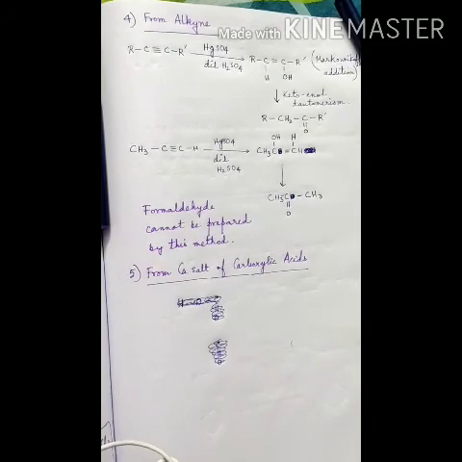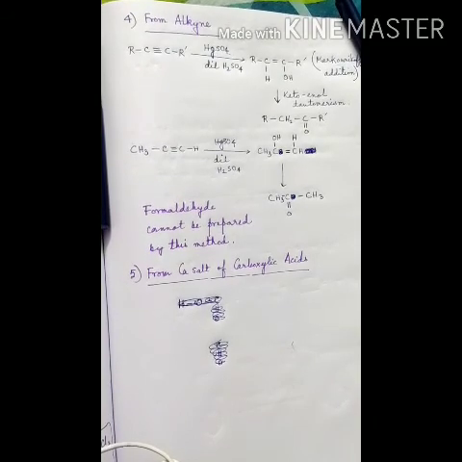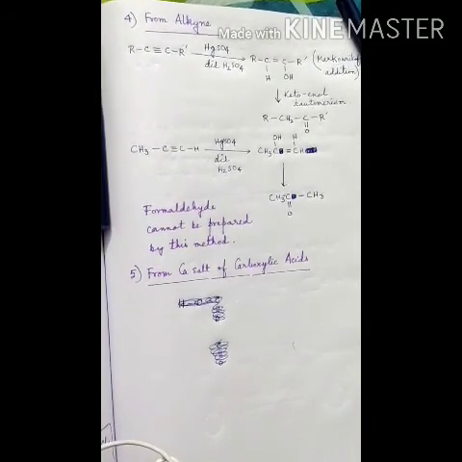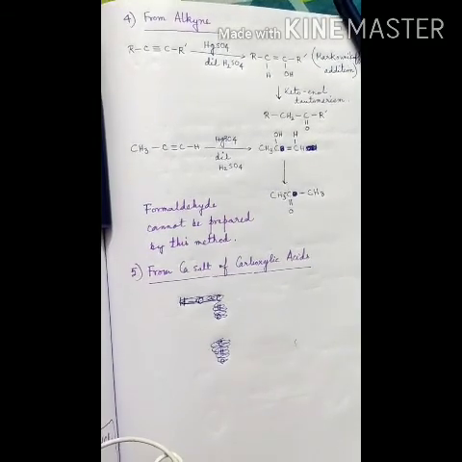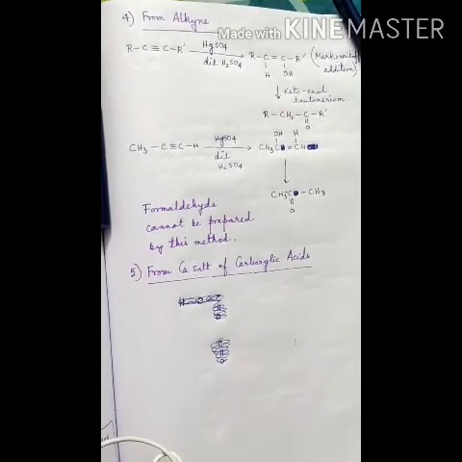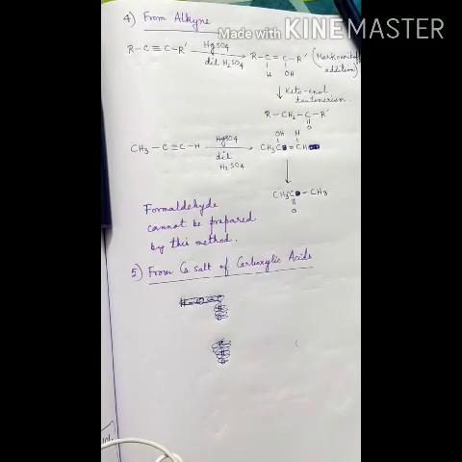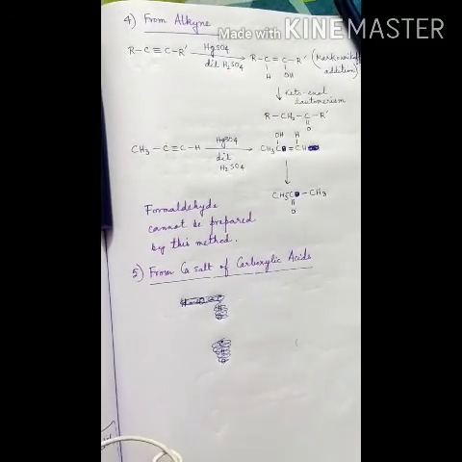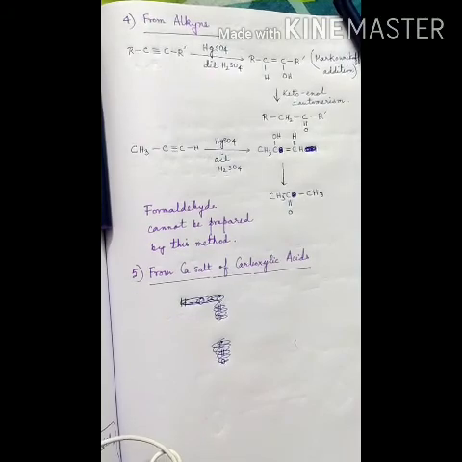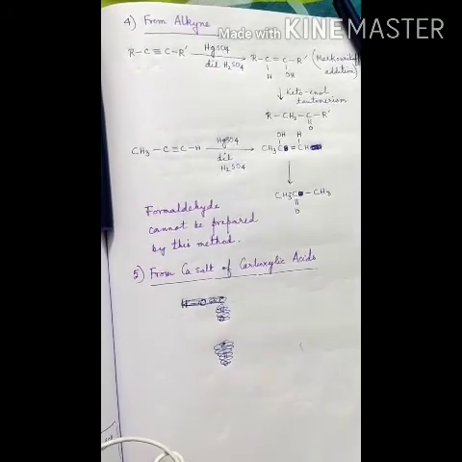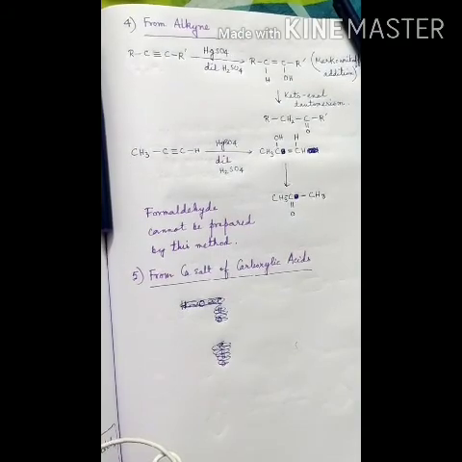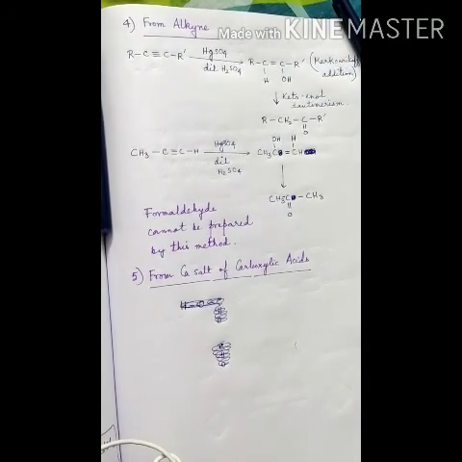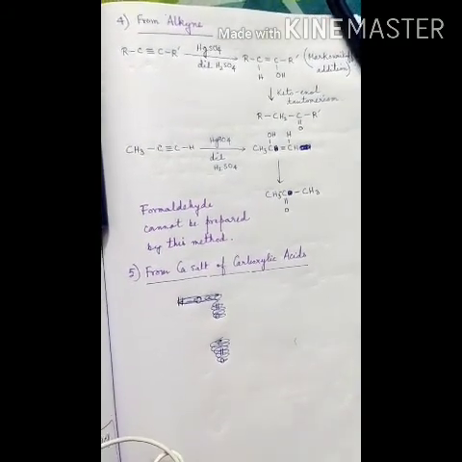Generally in this method, one water molecule gets added to the alkyne where the addition takes place according to Markovnikov's rule. Markovnikov's rule means the hydrogen of the water will get added to that carbon atom which contains more number of hydrogen atoms, and the OH group of the water will get added to that carbon atom which contains less number of hydrogen atoms. By this method we get an enol.